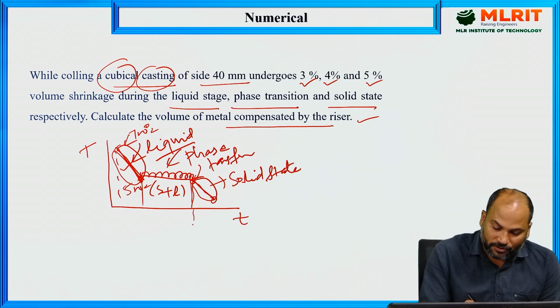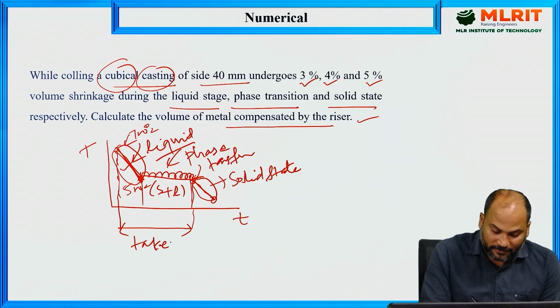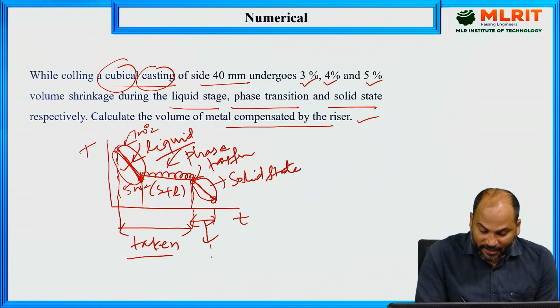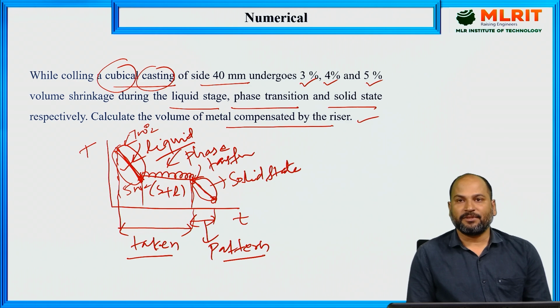Only up to this point. And in the solid state, this section is taken care of by the pattern. We have already studied this during the solidification of the casting.